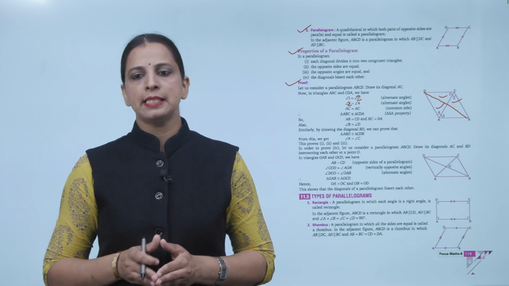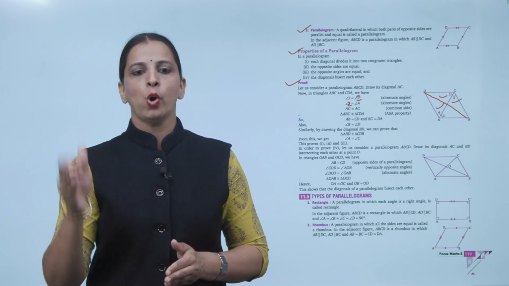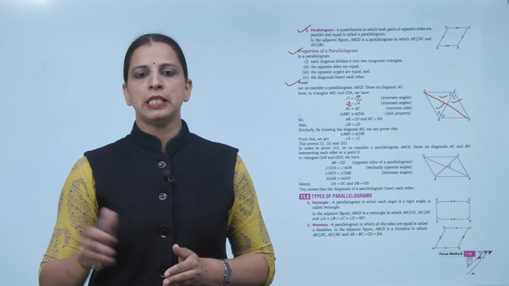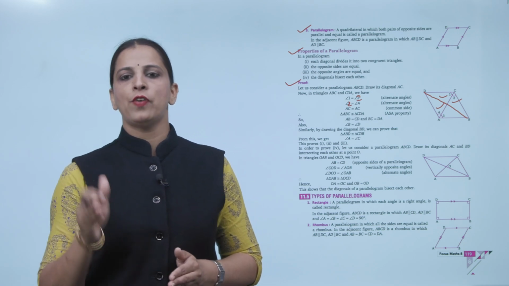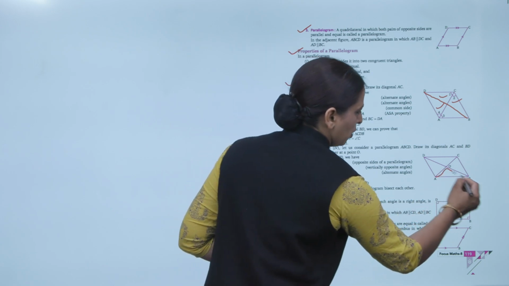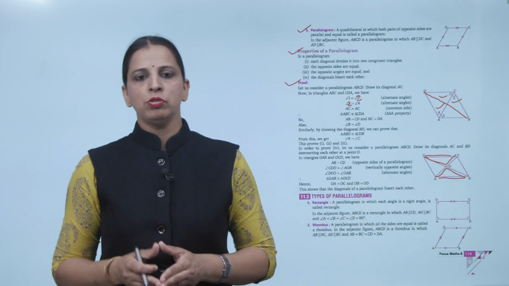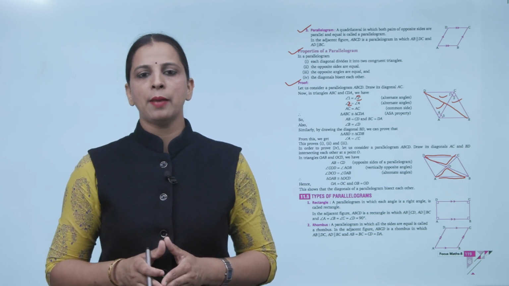Draw its diagonals AC and BD intersecting each other at a point O. In triangles OAB and OCD, we have AB is equal to CD, opposite sides of a parallelogram.